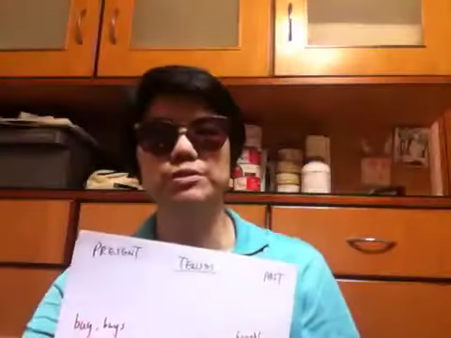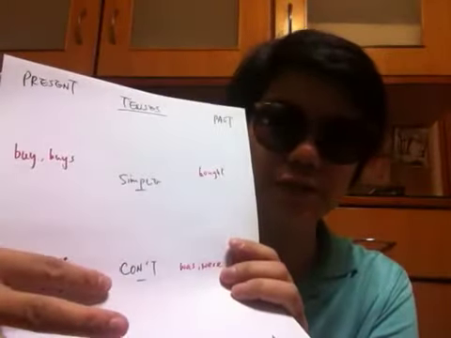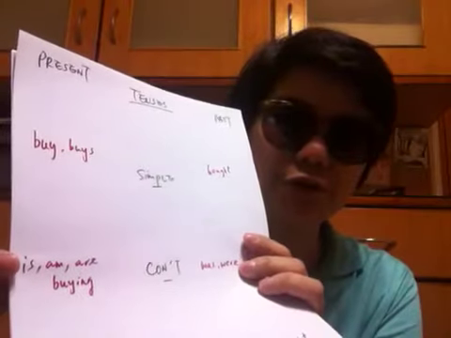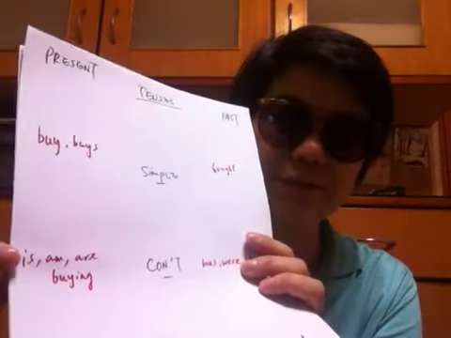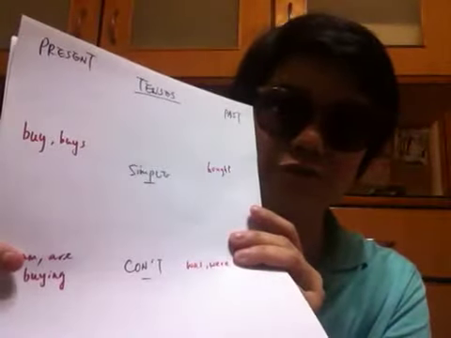And for the present continuous tense, the form is am, is, are plus the ing form. That is to say something that you are now exactly doing, or something that you have planned to do in the near future.